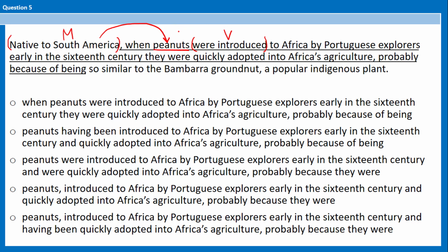The problem is that the subject peanuts is subordinated. It is subordinated by the word when. Yeah? So when peanuts were introduced is not really a sentence. And if you look at the splits at the beginning, you'll notice that answer choice A is the only one that starts with when. My subject must be peanuts.